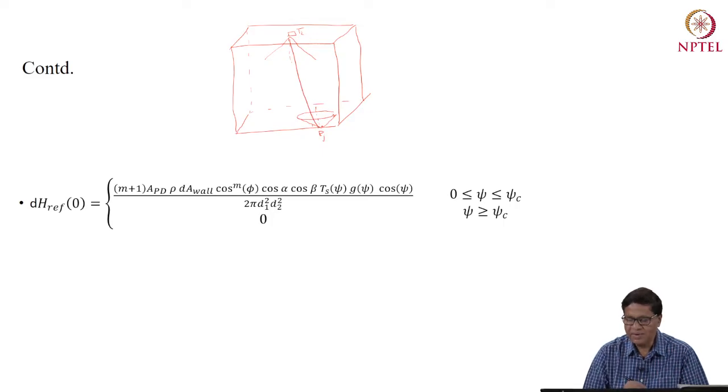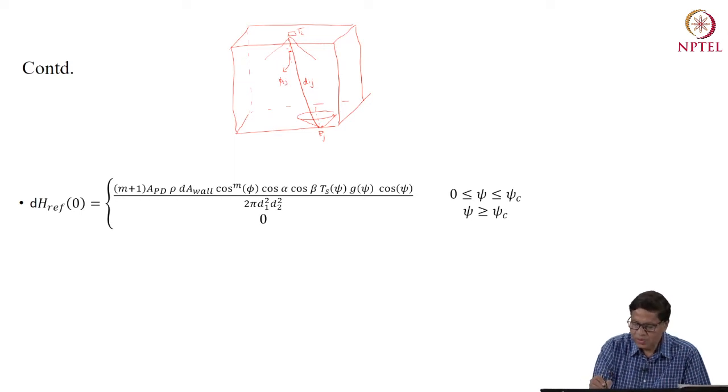So this is line of sight, and let the distance between the source Ti and the receiver Rj be Dij. And this angle which it makes with the normal is phi ij.